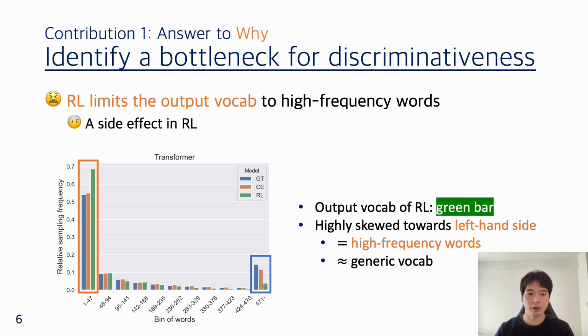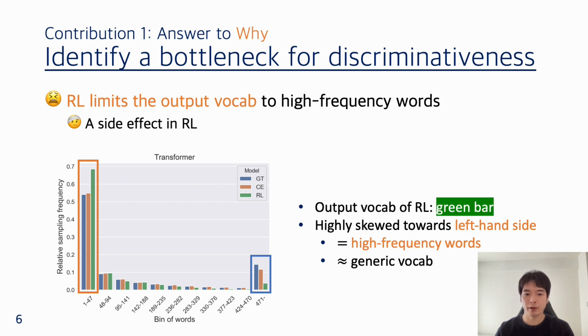Our first contribution is the answer to why. We found that reinforcement learning limits the output vocabulary to high-frequency words as a side effect. This graph shows the relative sampling frequency of the words, and the left-hand side corresponds to that of high-frequency words, and the right-hand side corresponds to that of low-frequency words.